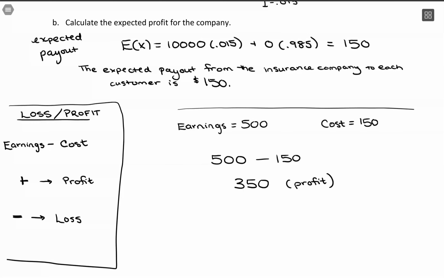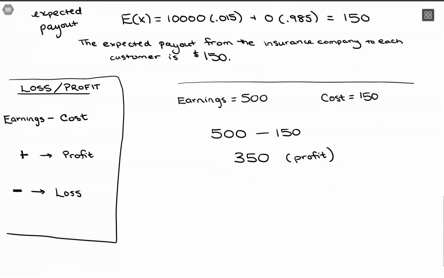And this is what the insurance companies absolutely do. What they'll figure out is what's the expected cost of having you as a customer, and then they'll add some on. I'm sure there's many more values that go into thought in terms of making this 500 in terms of paying employees and all sorts of operational costs, but they're going to bump this up so that they're making a profit off of you.